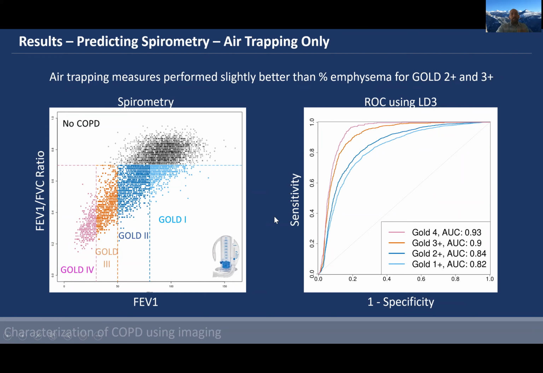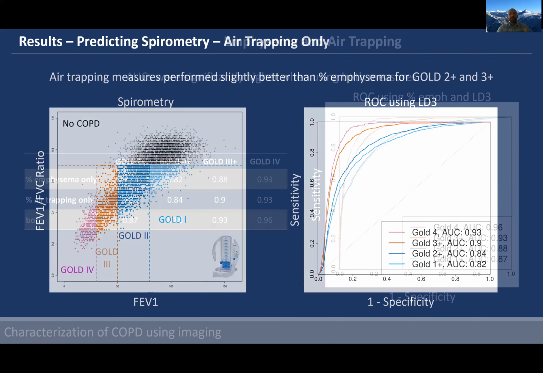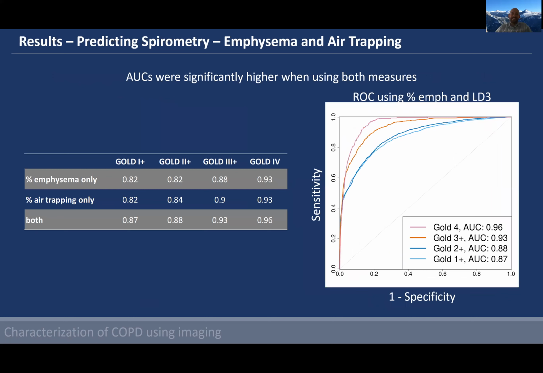But the real power came from when we combined the measures and included both of them within these logistic regressions. So we saw an improvement of gold 4 from 0.93 to 0.96. But more importantly, we saw an improvement of gold 1+ from 0.82 to 87% AUC, which is decent performance considering that we only used 2 numbers.